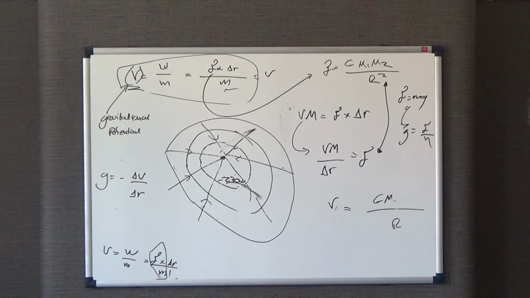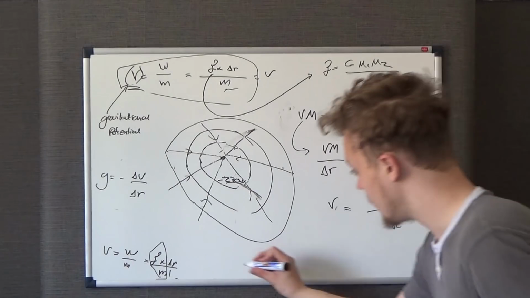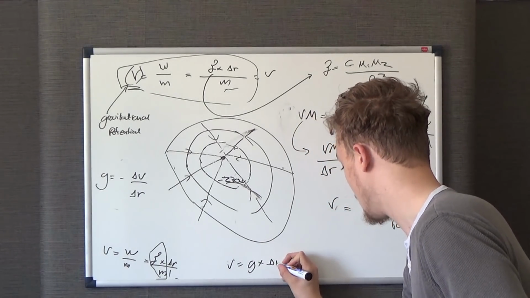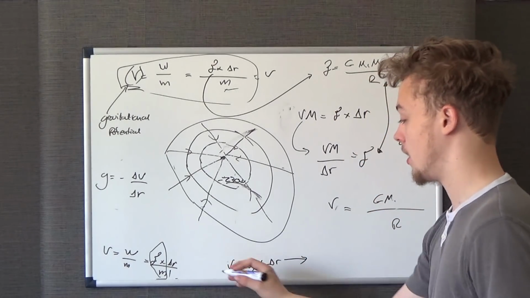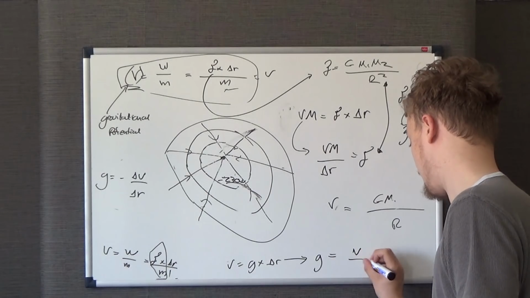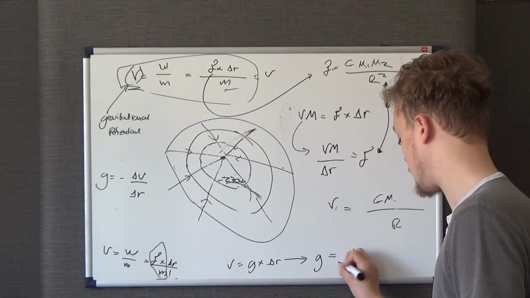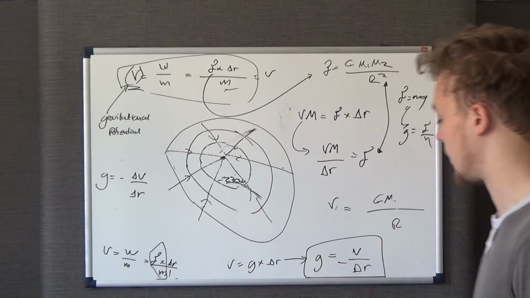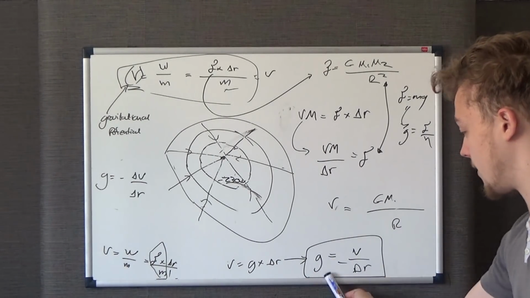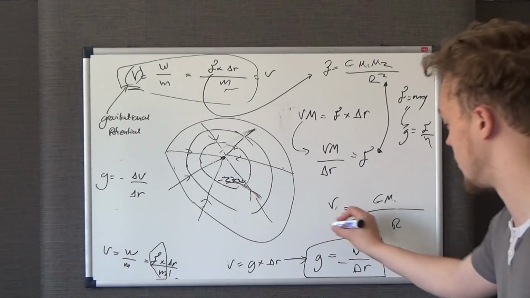So therefore it becomes V is equal to g times delta R, okay? So therefore, if you wanted to work out g, it is equal to V over R, and remember you put a negative there, okay? That gets you your gravitational field strength, okay? So you just need to be aware how you get that equation and how you get that equation, okay?